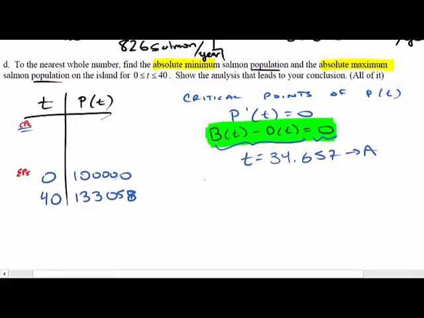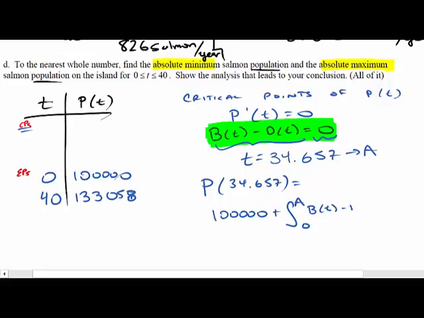In order to actually find P of this number, I will have to do what I did earlier in part B to find the population. It'll be 100,000 plus the integral from 0 to A of B of t minus D of t dt.